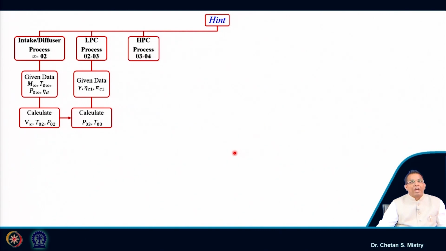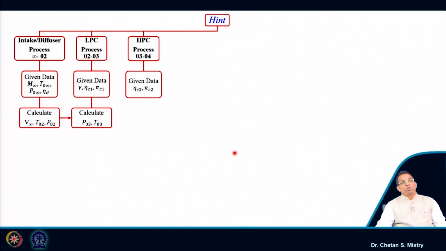The next component is the HP compressor. The process is represented as 02 to 04, and we know our efficiency and the pressure ratio. When I say we know, just remember one thing: at the initial stage when we are doing our cycle analysis, these numbers we basically need to assume.